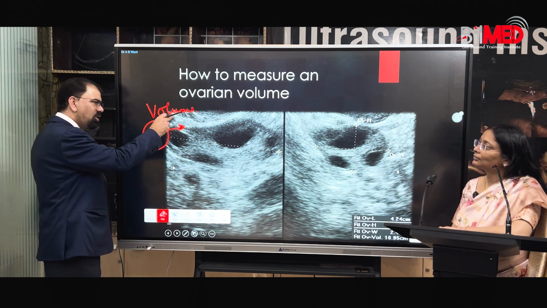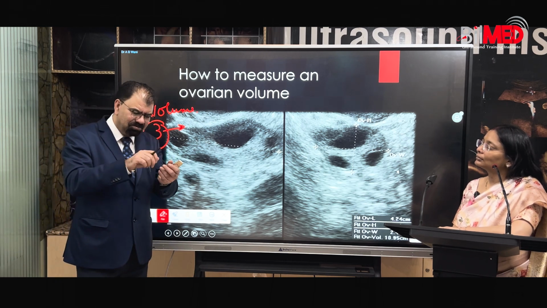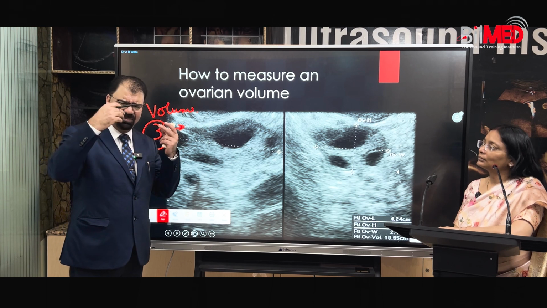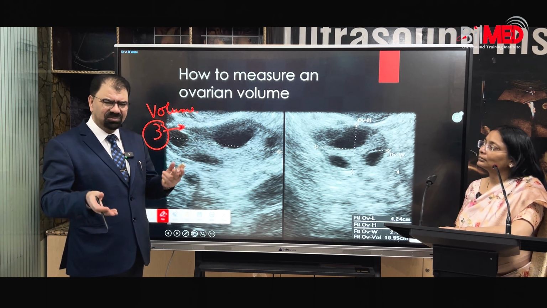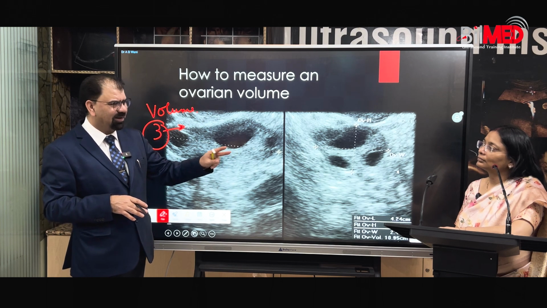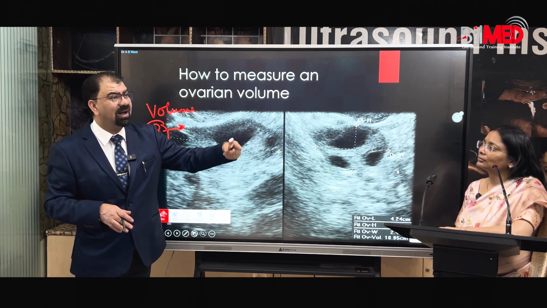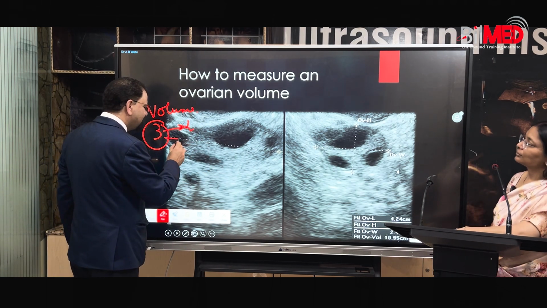You press your volume button, a cursor will appear. You will take this, it can be length, width, but the machine does not have eyes. The machine takes it for granted that you have taken one, and that you know what you have taken, maybe a length. What is next?